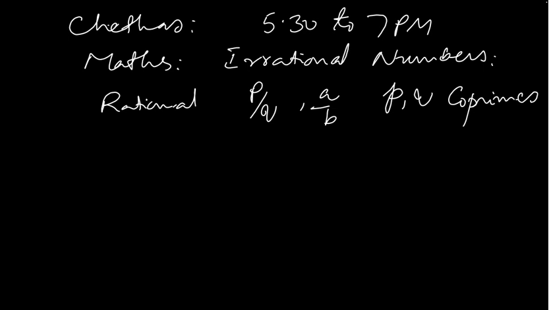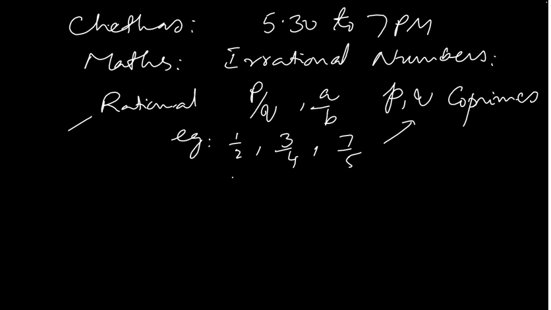Then we consider that number a rational number. Examples are 1 by 2, 3 by 4, 7 by 5. All these are coprime, so they are rational numbers.